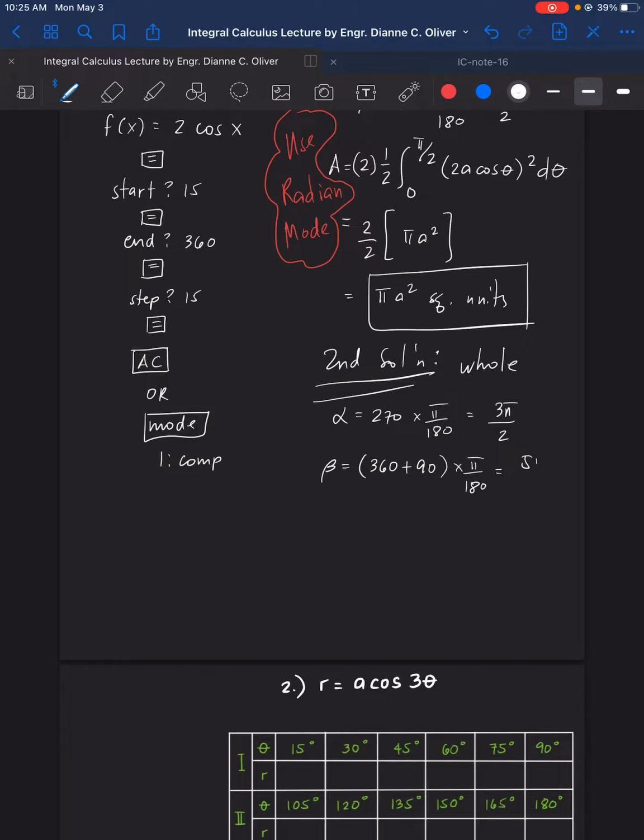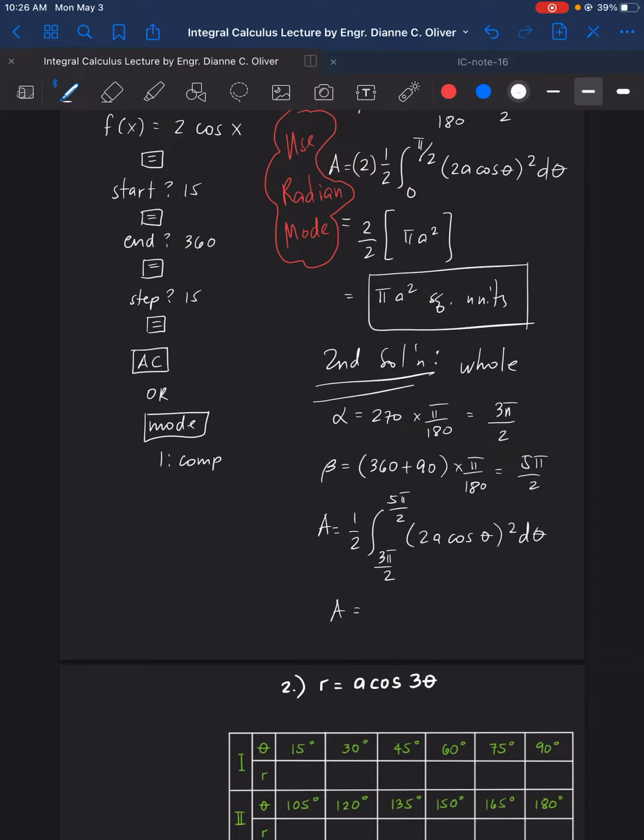This is 5 pi over 2. So the area now is equal to 1/2 integral of (2a cosine theta) squared d theta. Alpha is 3 pi over 2. Beta is 5 pi over 2.